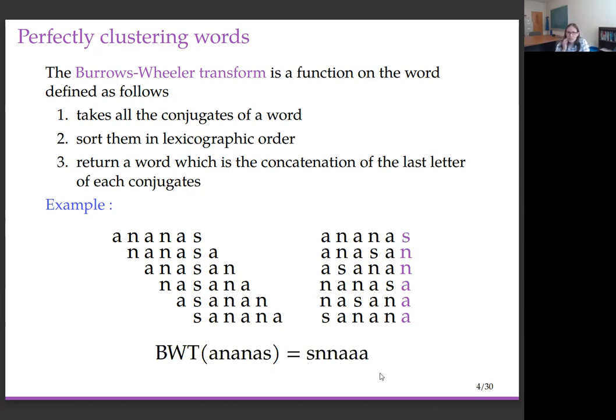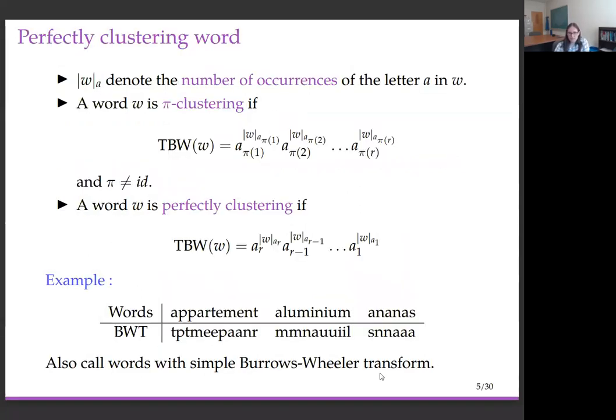And a perfectly clustering word will be, okay, in this talk, I will write |W|_a to denote the number of occurrences of a letter a in W. A word will be pi-clustering if its Burrows-Wheeler transform sorts the letters.